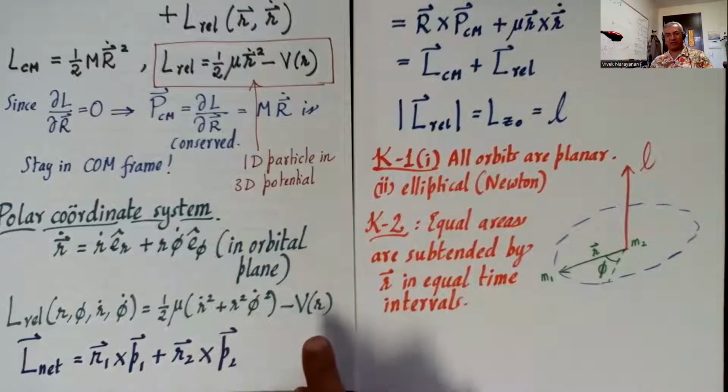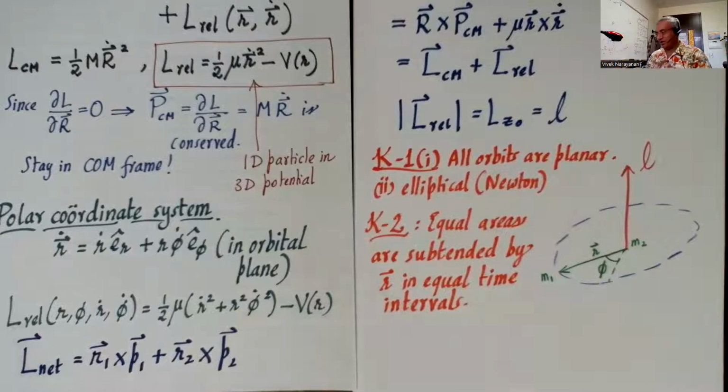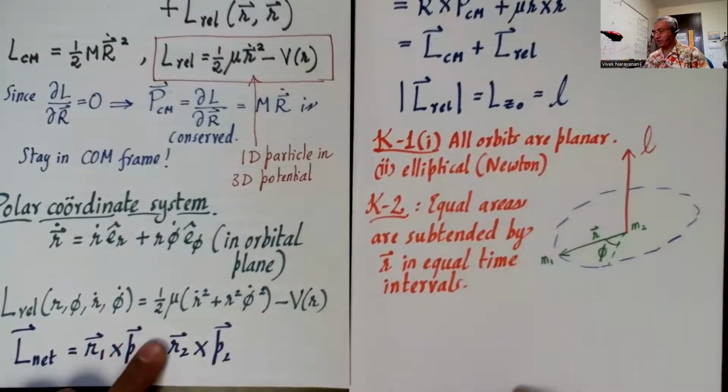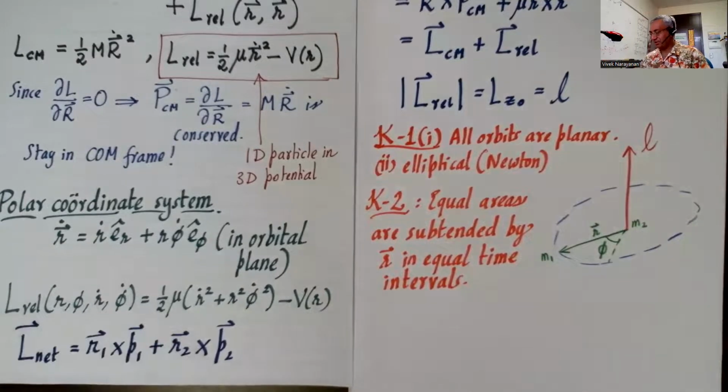V of r could be gravity, it could be spring, it could be something else, it could be little green men. We don't know, all right? At this point, we don't know. So let's take the relative Lagrangian here and investigate something about it.